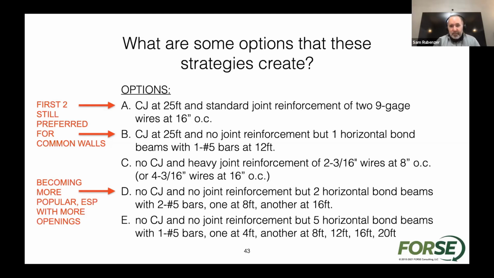It's something that we can look at and explore. Maybe with the regular openings, it does make sense to just take some of the lintel reinforcement, sill reinforcement, and make it continuous. And then, once we do that, we can look at different placements for control joints and joint reinforcement. And maybe that doesn't make sense for some of the walls.